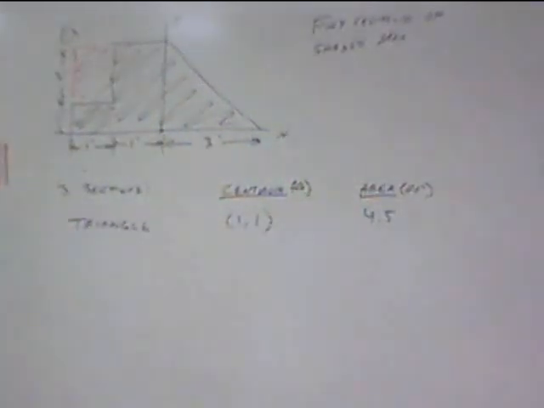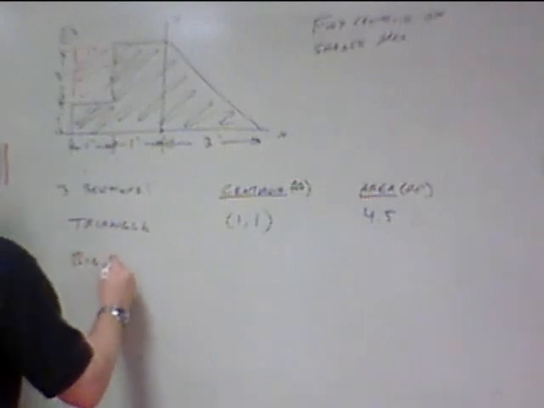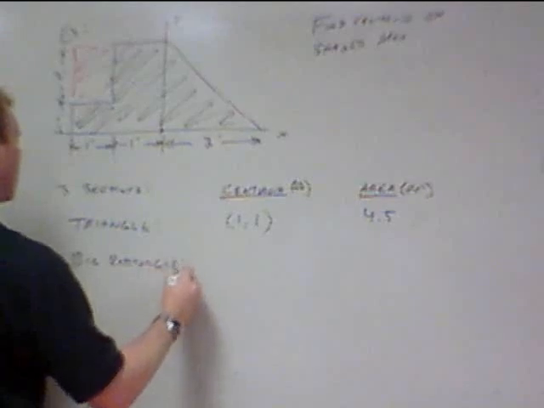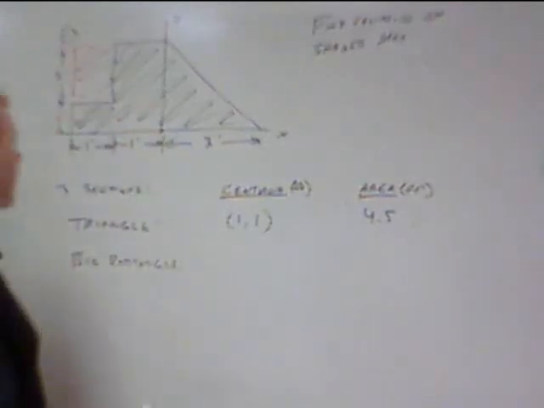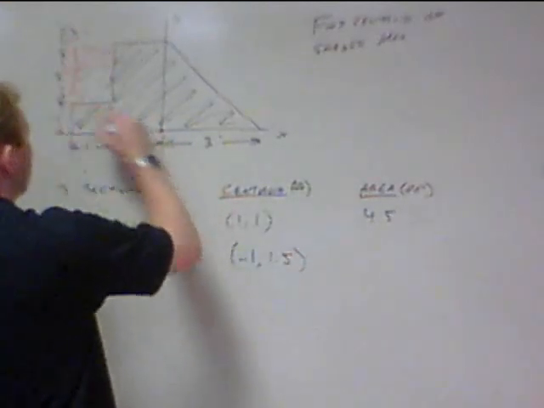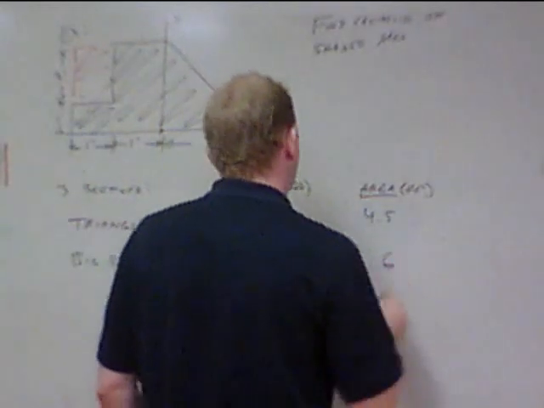There. Okay? The big rectangle, the centroid for this piece is at -1, 1.5. Okay, just looking at this big rectangle here, the area goes over 2, up 3, so the area is 6.